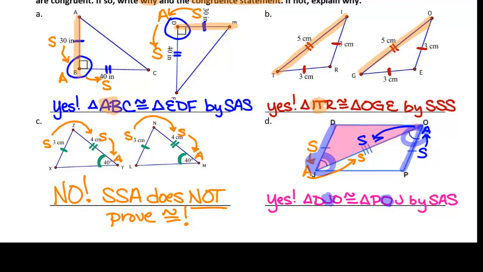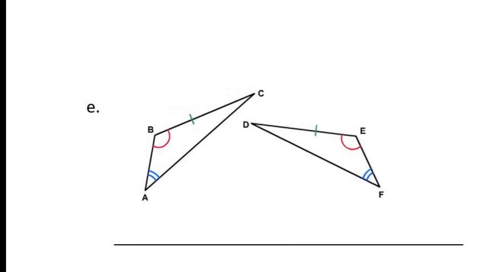All right, almost finished up. Let's look at E. Triangles are already marked for me, so I just need to walk around the triangle and see how it's marked. So here I have an angle, and then I walk up here and I have another angle.